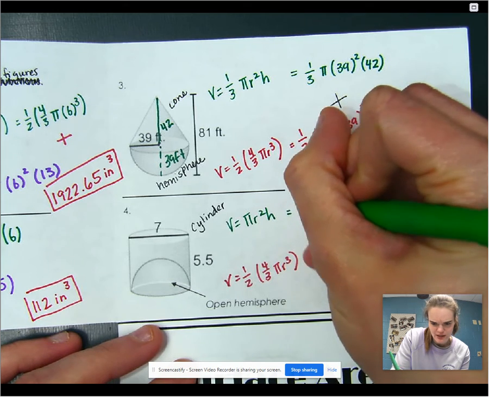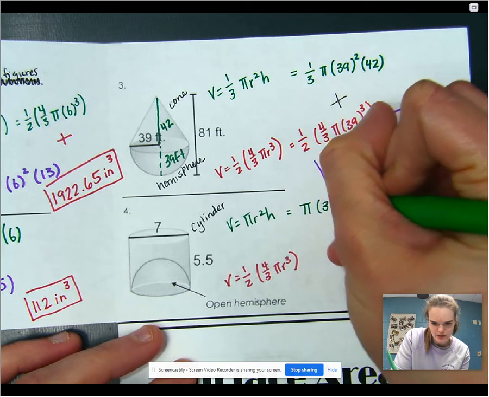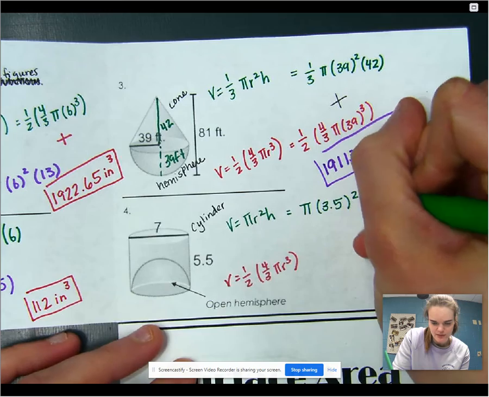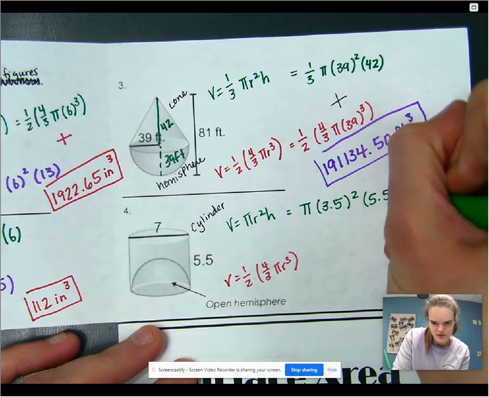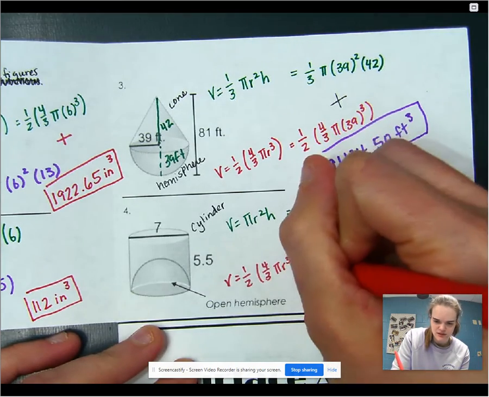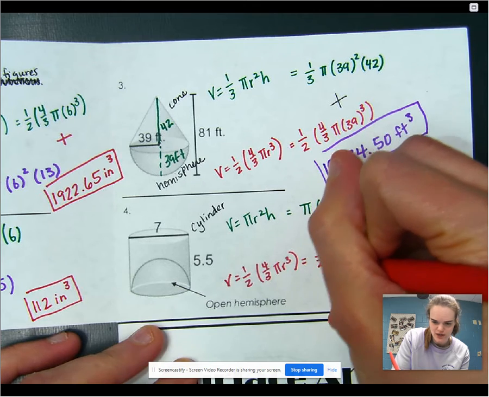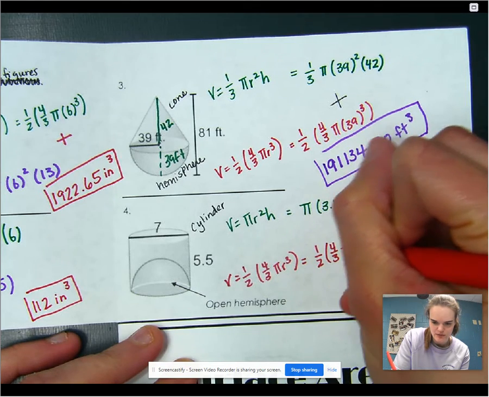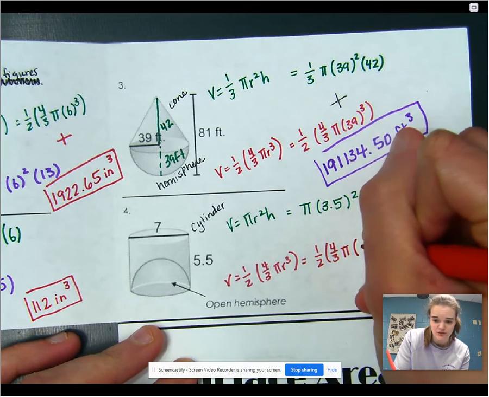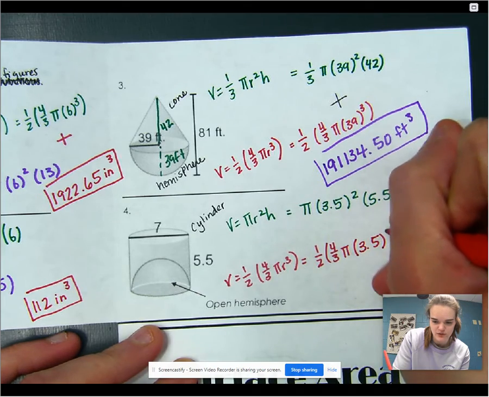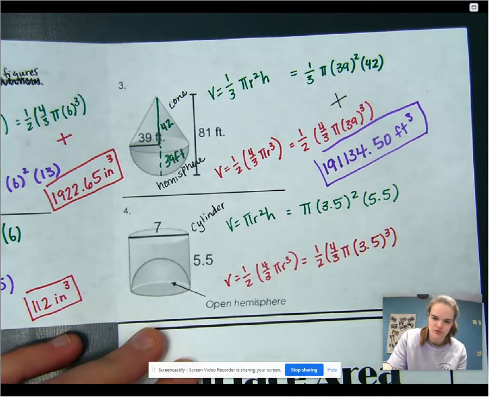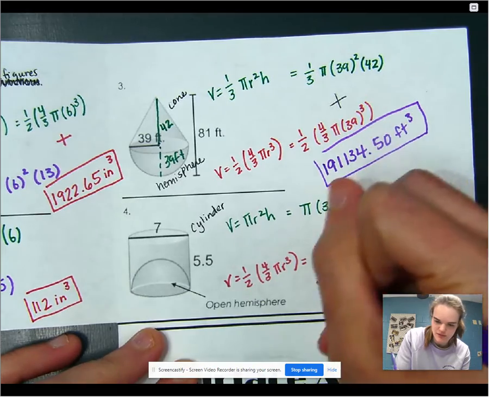So pi, the radius is 3.5 squared times the height of 5.5, and we will be subtracting 1/2 of 4/3 pi, the radius 3.5 cubed. And remember, we're subtracting this time.